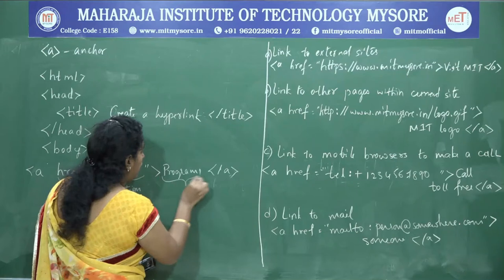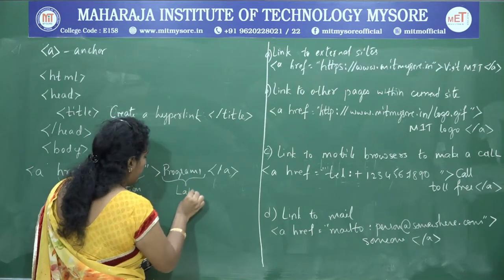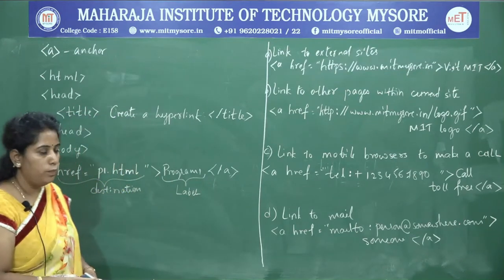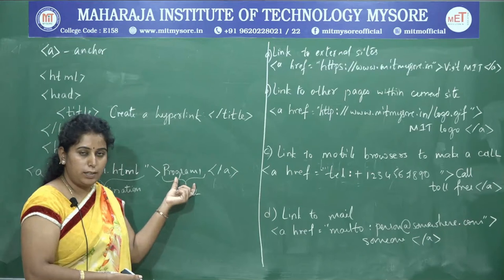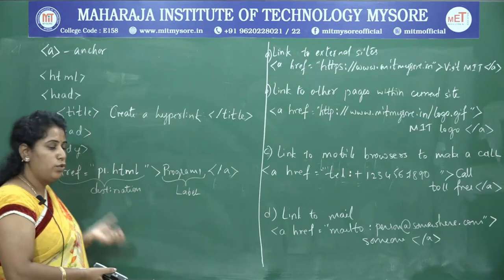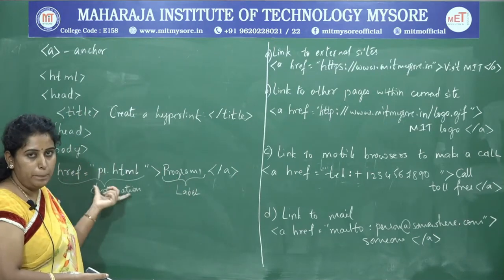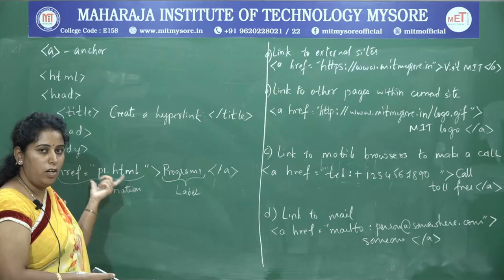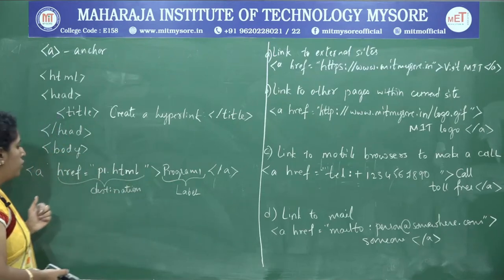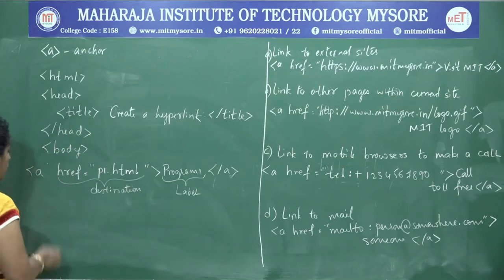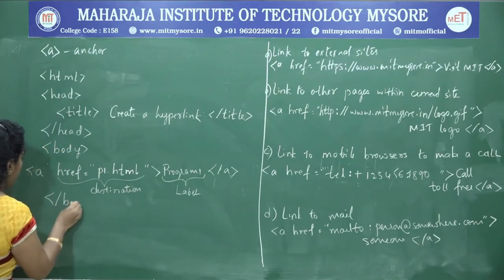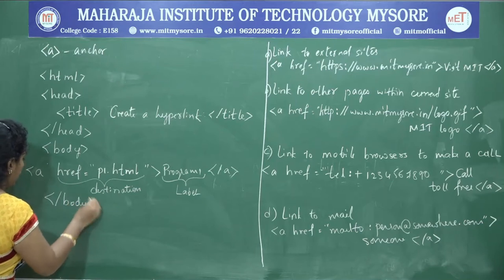And this part we call a label. So by clicking on this label, it redirects to this particular area or document. So now let me close the body, also close the HTML.